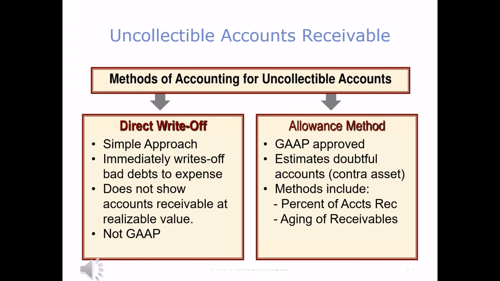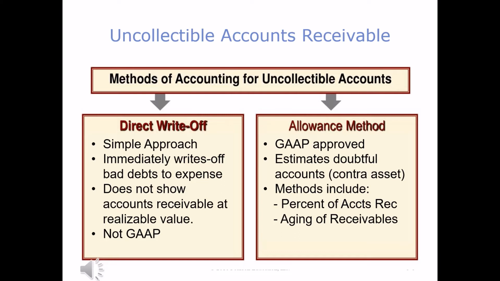GAAP prefers that we match our revenue and our expenses, and they also want to know that our accounts receivable balance at any particular time reflects a good receivable balance. The other method is an allowance method.